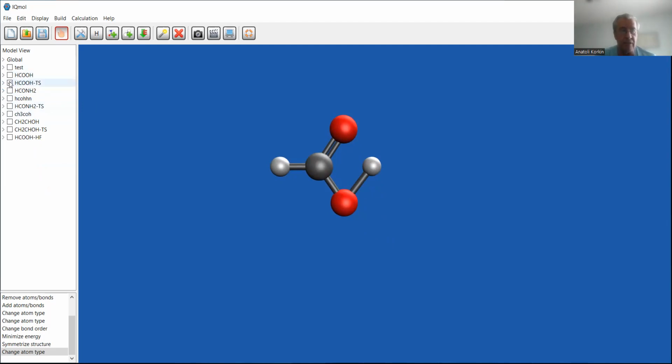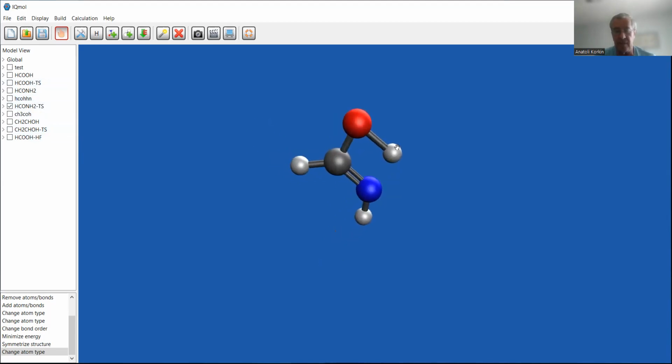I'll show you what I get in this case. The calculation finished. I don't need to save the results because, as I mentioned, I already did the calculation. So let me show you another transition state which I got. You see, it's quite similar in its structure.